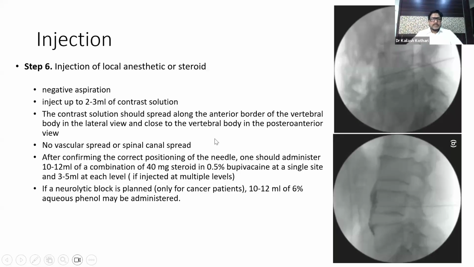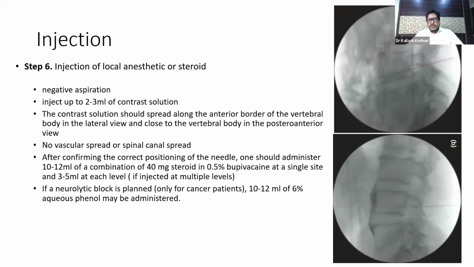So you make sure that your direction at the first go should be proper, and the oblique C-arm should be enough so that the tip of the transverse process is aligned with the lateral border of the body of the vertebra. So once you confirm, then you inject around 3 to 4 ml of local anesthetic.